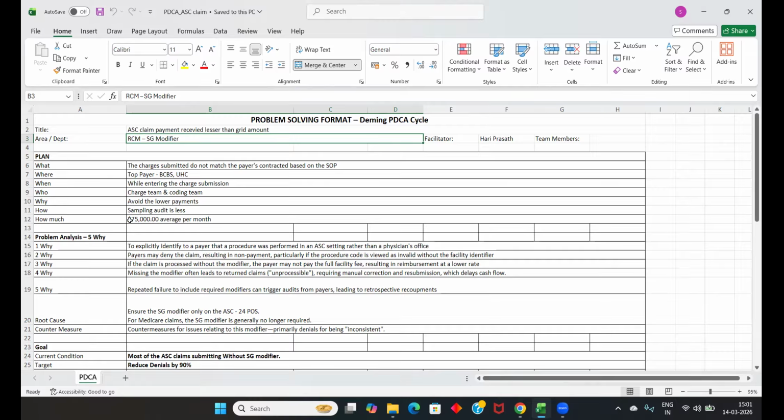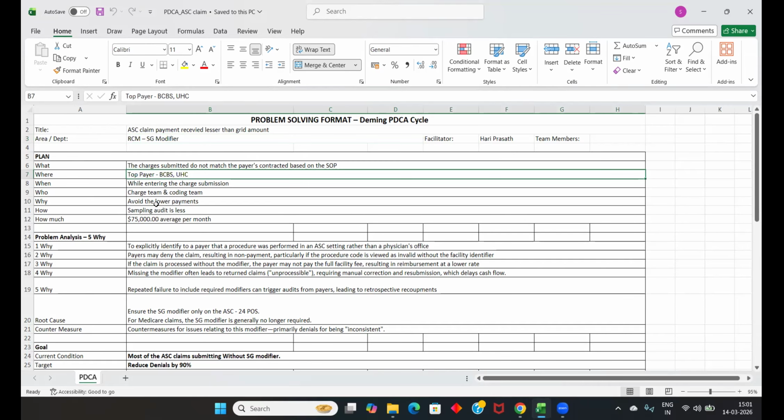Based on this, I did the PDCA cycle, and I mentioned the plan of action.